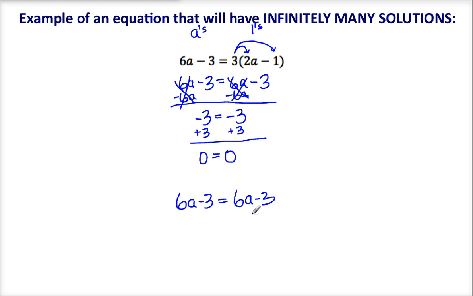We'll get the same result on both sides, no matter what number we choose for a. So when we have the same variable term on both sides and the same constant term on both sides, that means our equation has infinitely many solutions. We don't even need to solve it all the way. We can just look at it at this point and decide that there will be infinitely many solutions.